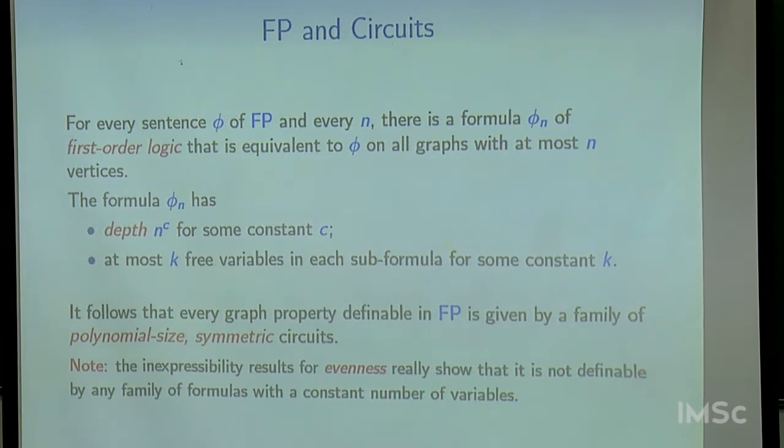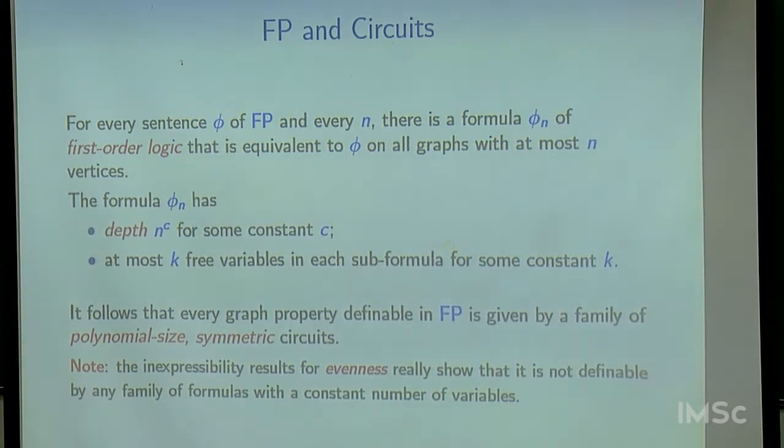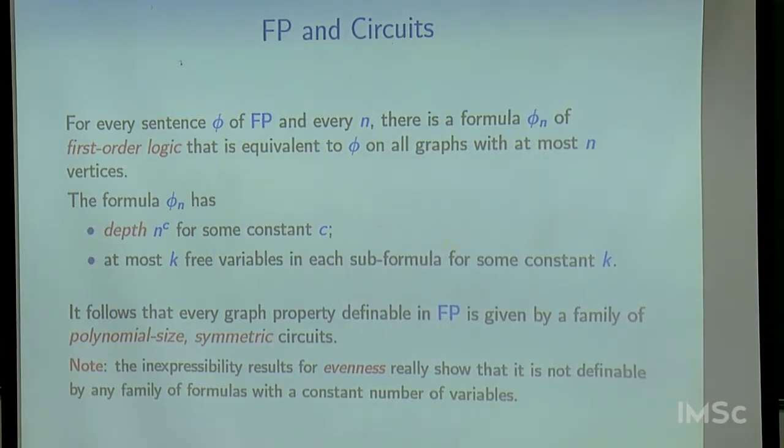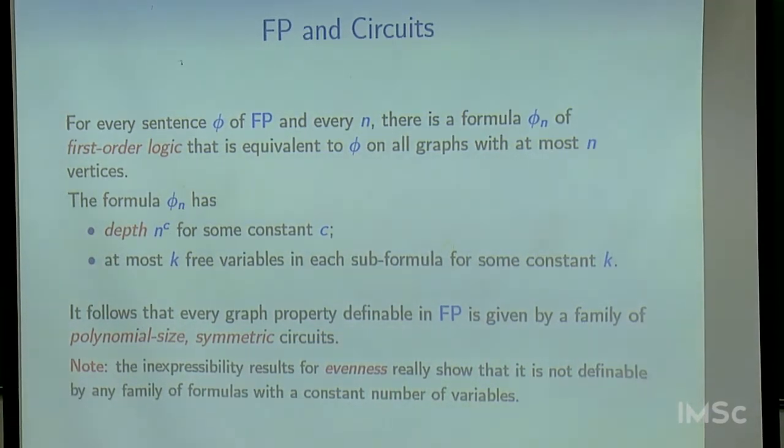You just need the one gate circuit for each n, which is true if n is even and false if n is odd. So evenness of the number of vertices is clearly doable by symmetric circuits, but not by fixed point logic. But even number of edges is not doable by fixed point logic, and I will argue it's not doable even by polynomial size symmetric circuits at all, okay?